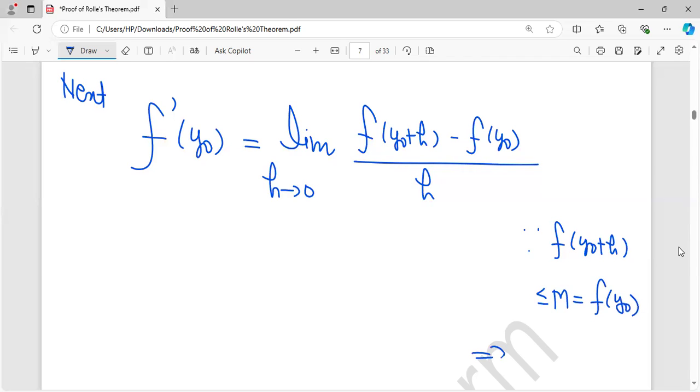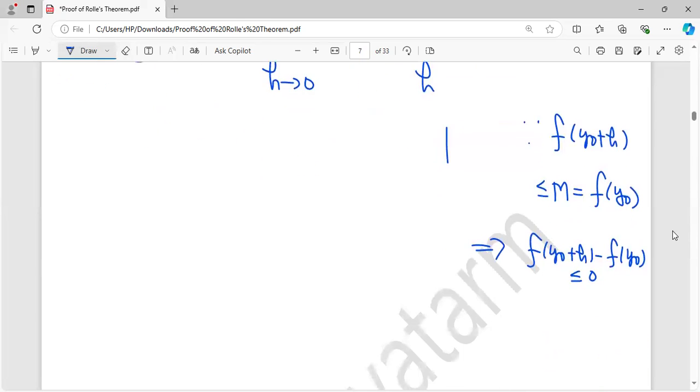So this implies f(y naught plus h) minus f(y naught) is less than or equal to 0, and h is positive. Then what is the resultant limit? The resultant limit will be non-positive. Non-positive means it can be 0 or negative. So this implies f dash y naught is less than or equal to 0.